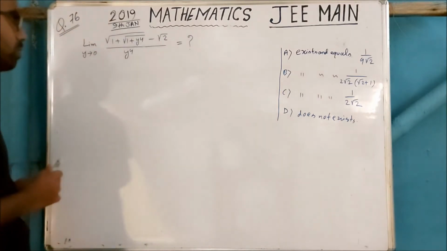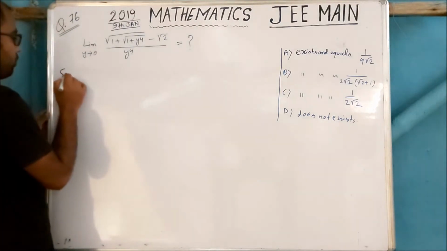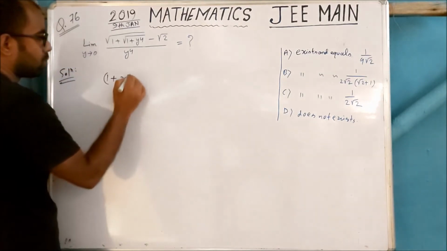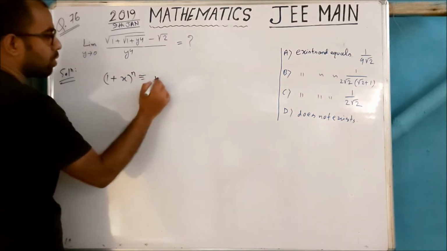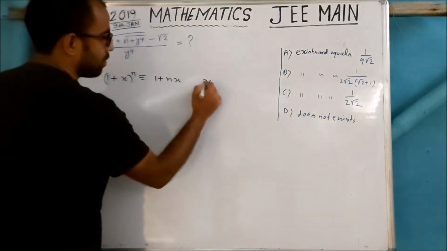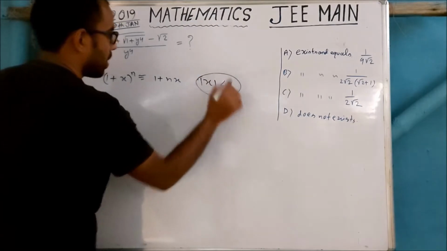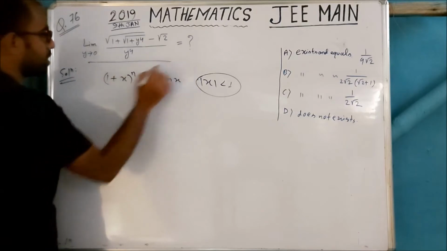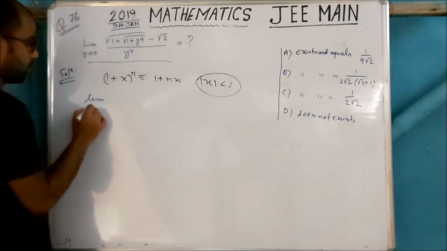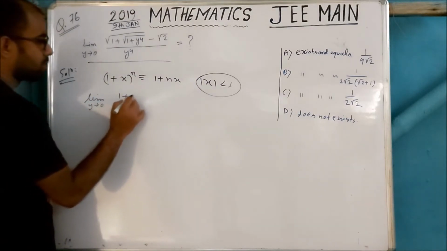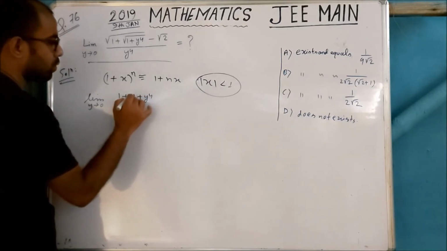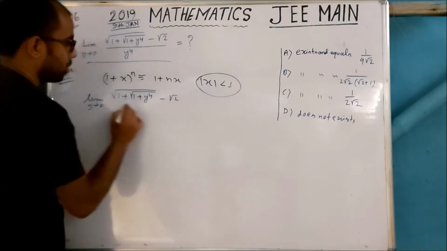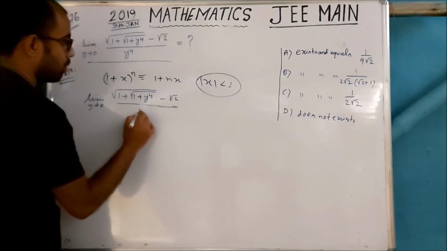First we know one thing: (1 plus x) to the power n is equivalent to 1 plus nx, where x is less than 1. Now start: limit y tends to 0, root of (1 plus root of (1 plus y to the power 4)) minus root 2, by y to the power 4.